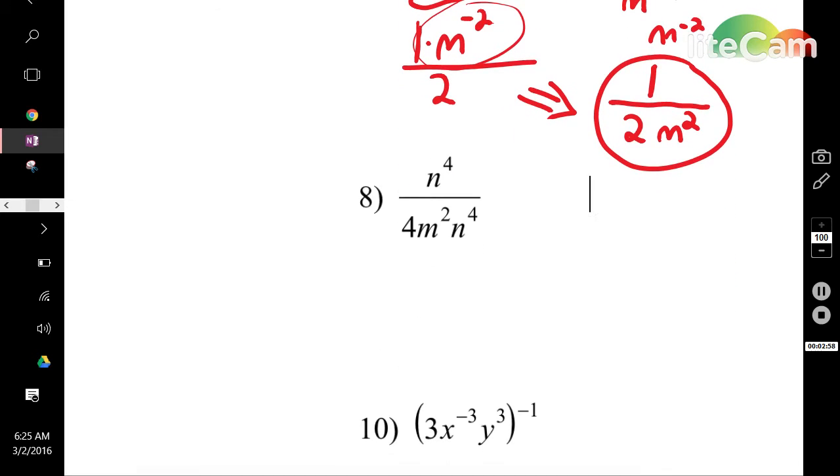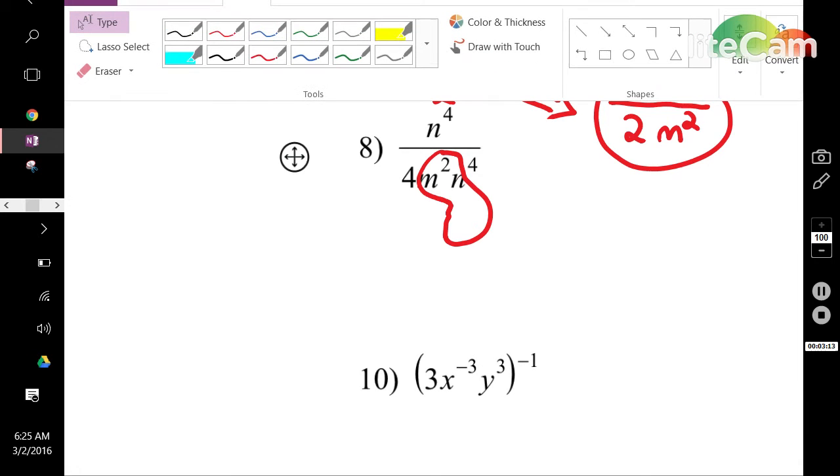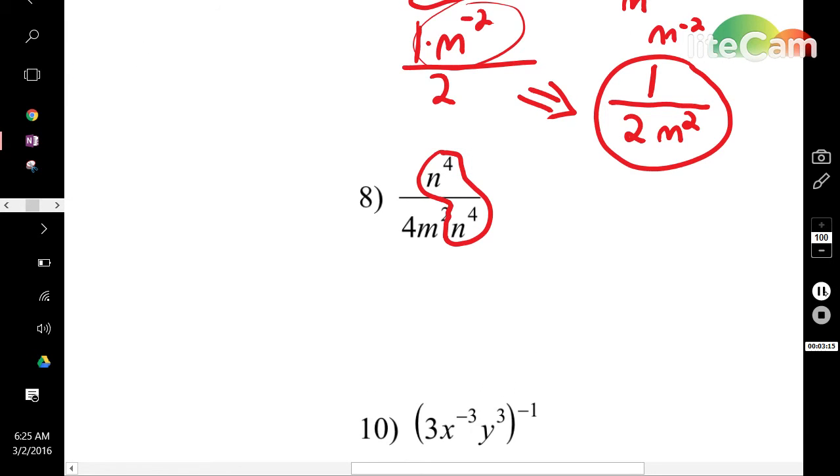Number 8, you have a pair of n bases being divided, and we subtract exponents when we divide bases. 4 minus 4 is 0, and n to the power of 0, we've all talked about, is equal to 1.